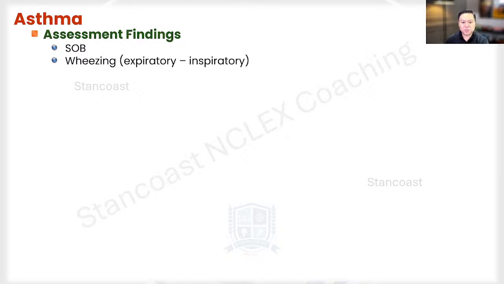This is going to be heard more in the expiratory phase. And if it gets a little bit more difficult, then you probably hear the inspiratory wheezing as well. And this would be your hallmark in assessing the patient with asthma.